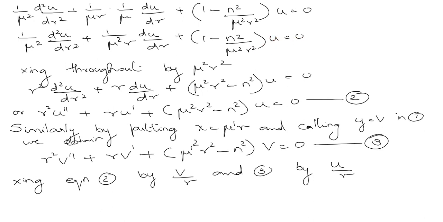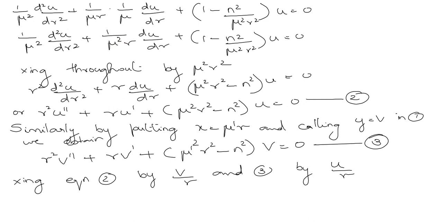Now we are going to multiply this equation throughout by μ²r². So in the first term μ² gets cancelled, in the second term μ² and r get cancelled, leaving r.